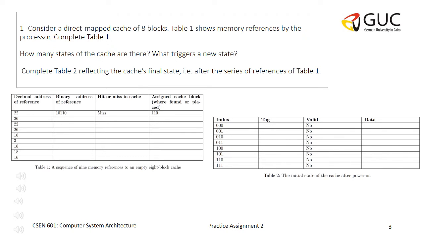So we need first to understand what is cache to understand this question. Cache is an intermediate memory level between processor and the main memory. Okay, so we know now it's an intermediate level between the memory and the processor. We need to know, why do we need cache? Because accessing the main memory causes much delay.